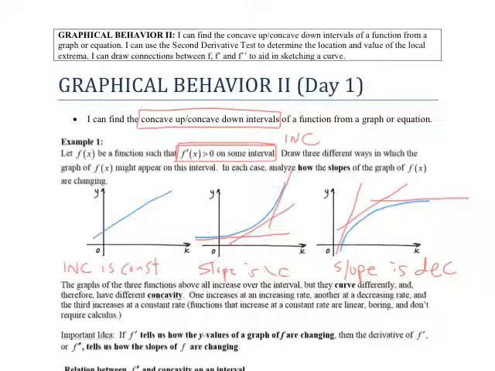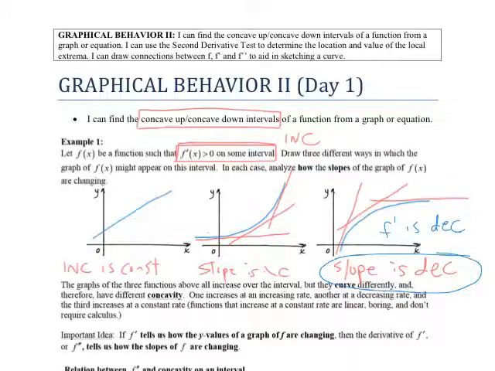So this idea of a decreasing slope is saying that f prime is decreasing. And if we want to know when a function is decreasing, we take the derivative, and the derivative of that is negative. So what is the derivative of f prime?